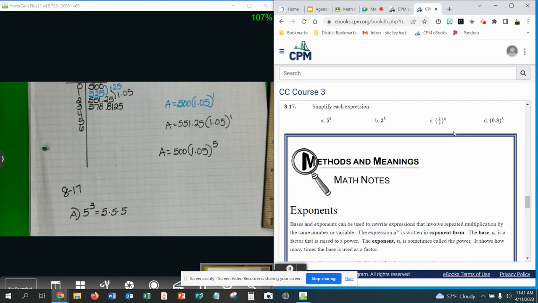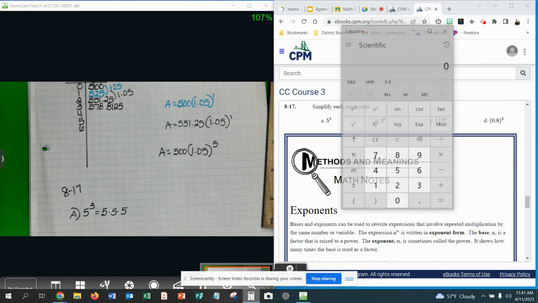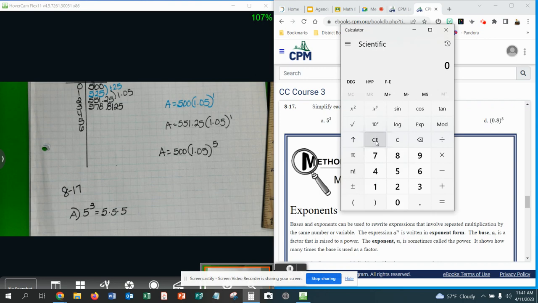If we plug it into the calculator, I'm going to go 5, exponent button, 3.